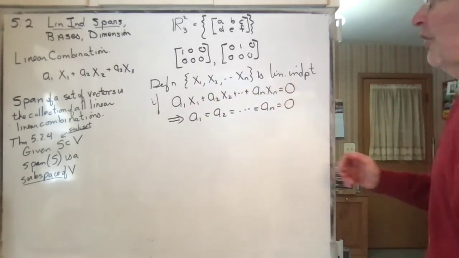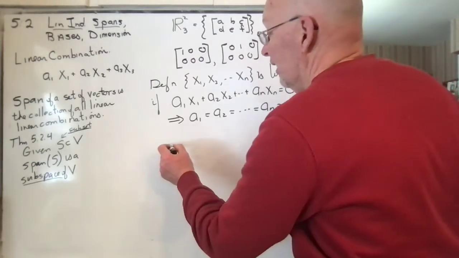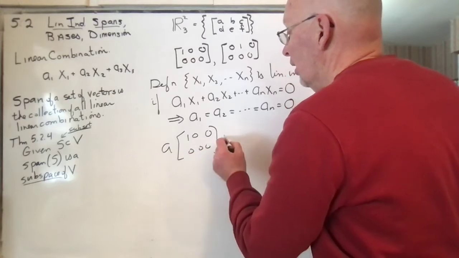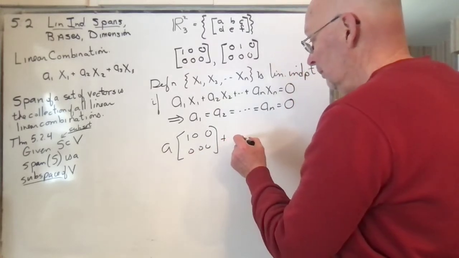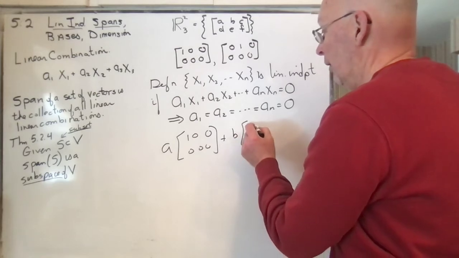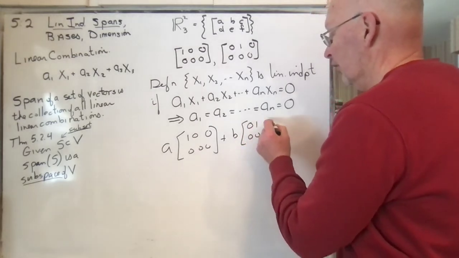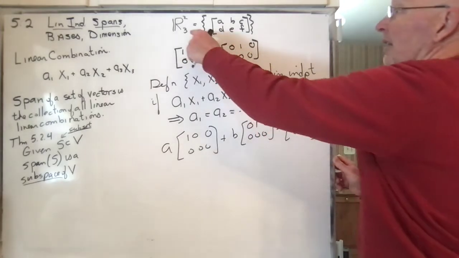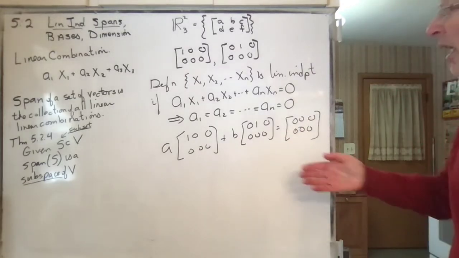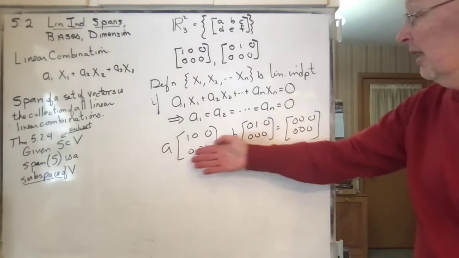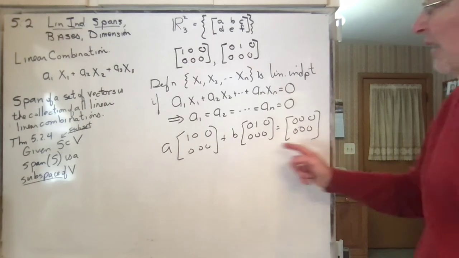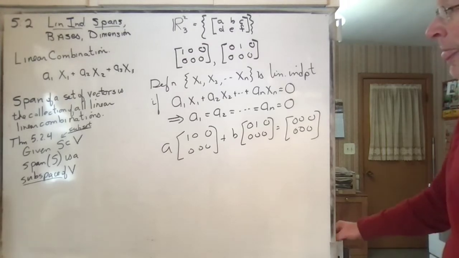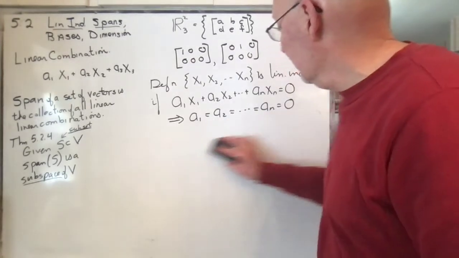So for example, if I had a times 1, 0, 0, 0, 0, 0 plus b times 0, 1, 0, 0, 0, 0, if that were equal to the zero vector, here's the zero vector in 2 by 3 matrices, do you agree that the only way that this combination can be equal to this is if A is equal to 0 and if B is equal to 0? Do you agree?